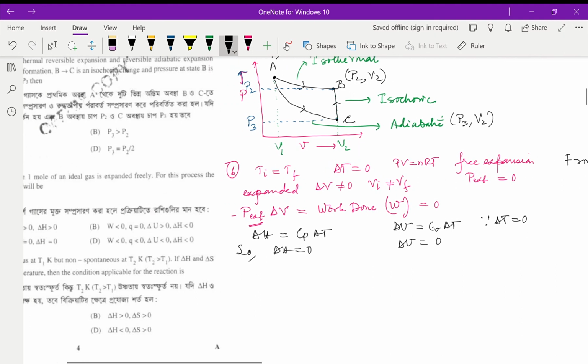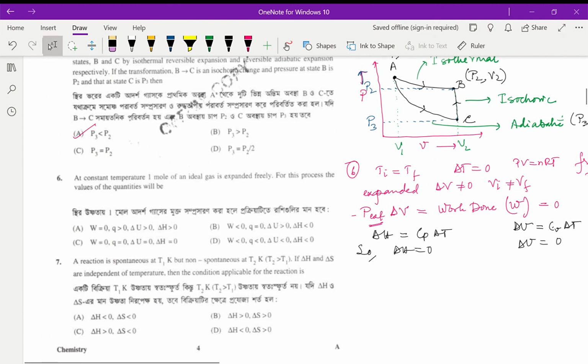So if we compare now, we will say that our answer should be over here equal to C.